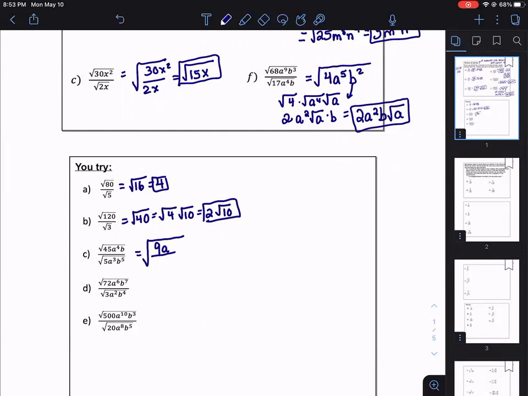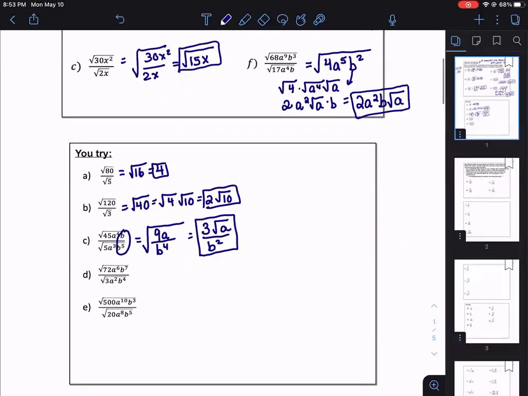You're going to get b to the 4th on the bottom. And the reason being is because 1 on the top minus 5 on the bottom gives us -4. So we have to put that on the bottom. Now, that's okay. The square root of 9 becomes 3. Radical A will remain radical A. And then the square root of b to the 4th would be b squared. So just be mindful of that one and careful.